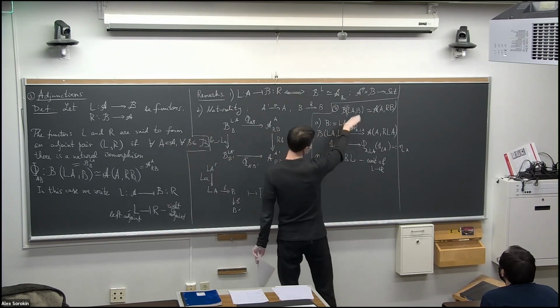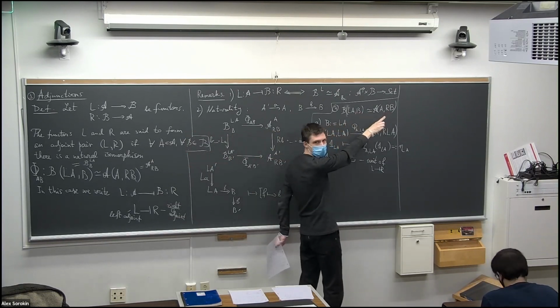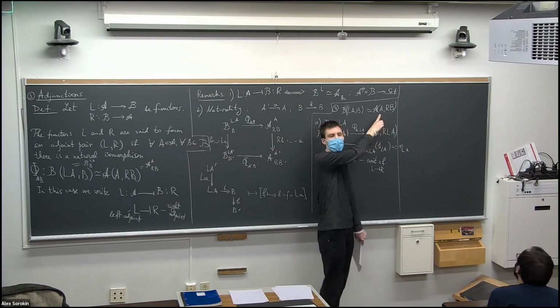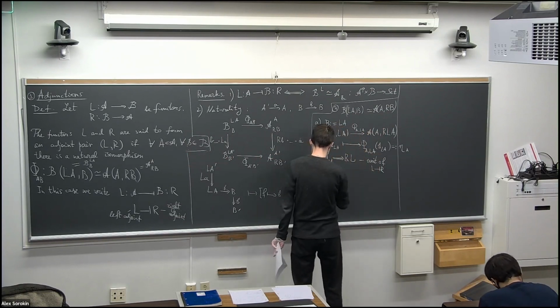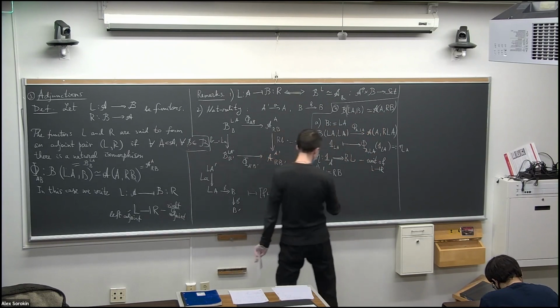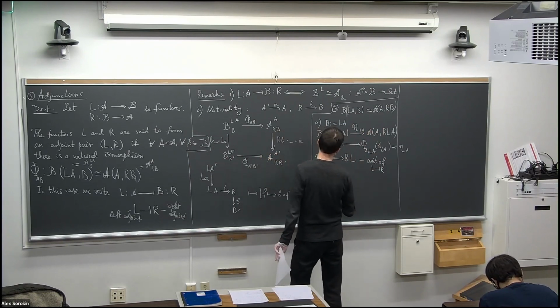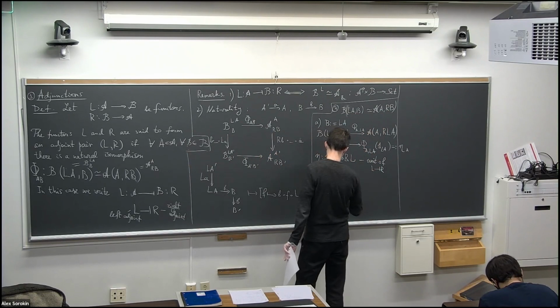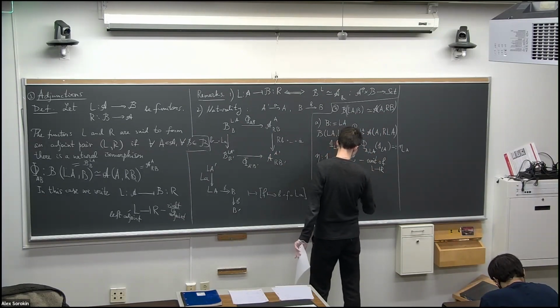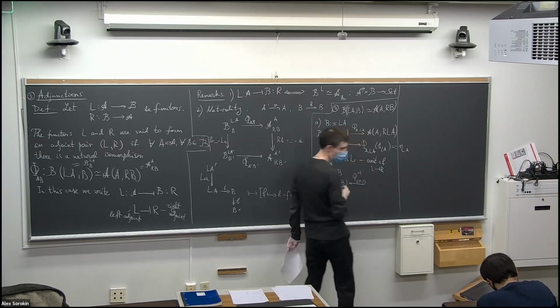If we take the same strategy and put on the right-hand side, instead of A, RB, we obtain: here A equals RB. We'll have Hom(LRB, B). Here is the natural isomorphism phi at RB, B, and it has an inverse, phi minus first.